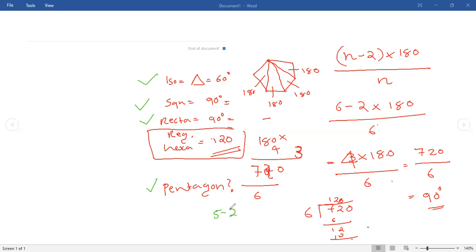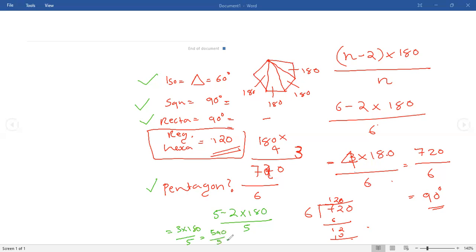5 minus 2, that is 3 into 180 divided by 5, right? So 3 into 180 means? 540, sir. 540 divided by 5.